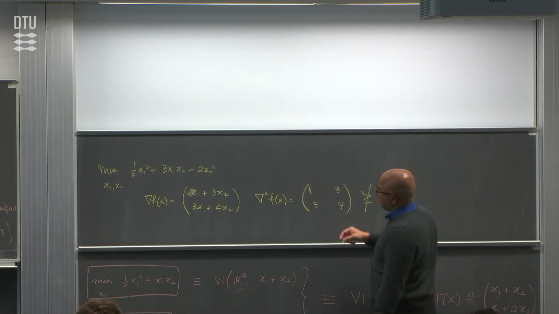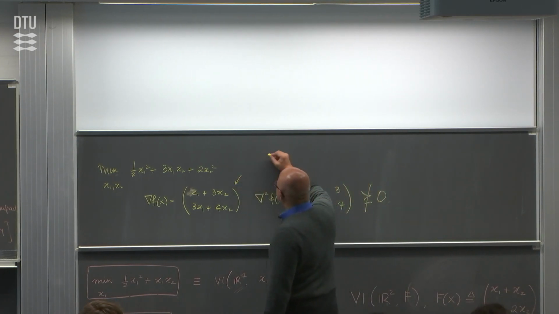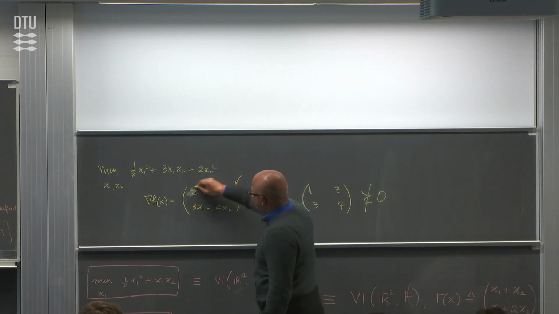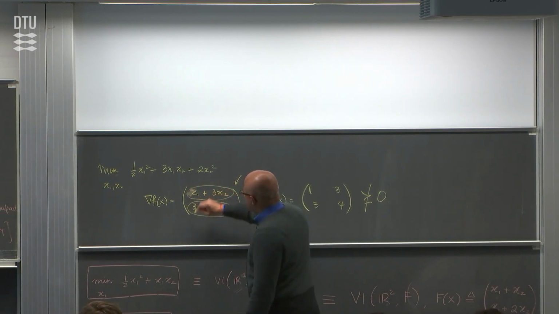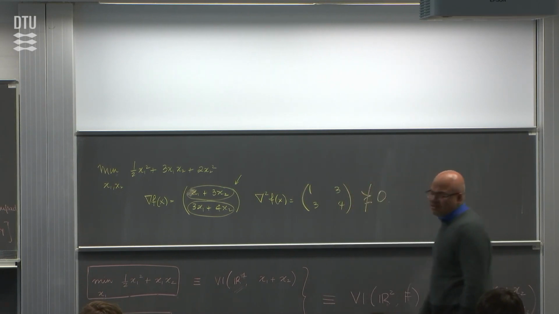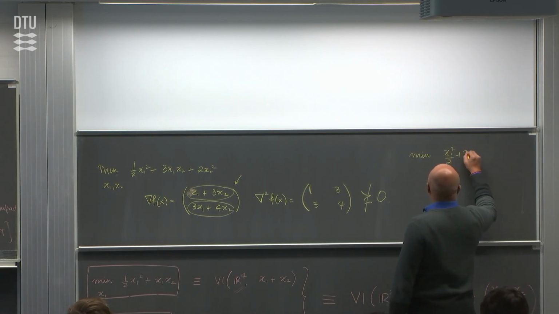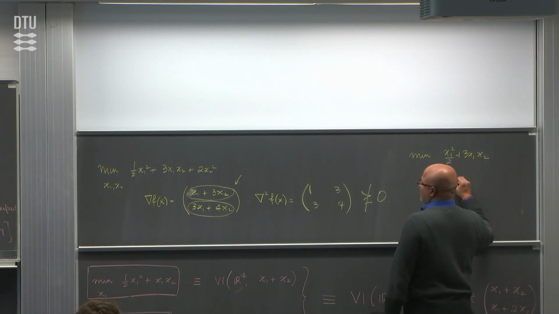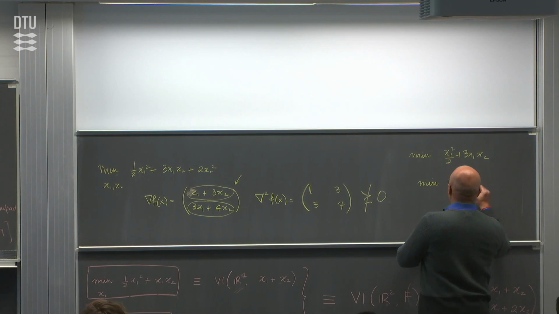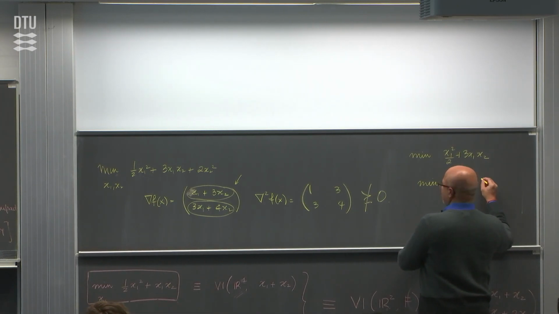But now if you look at this VI, these represent the gradients for this problem. So you can write it as: minimize x1 squared over 2 plus 3x1 x2, and minimize 2x2 squared plus 3x1 x2.